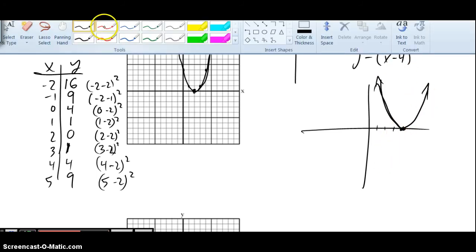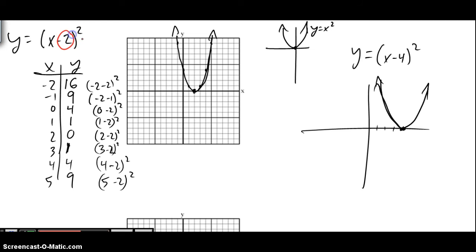Okay? So, in other words, this means move right 2, right? This means move right 4. Okay, it's inside the parentheses before it's being squared.